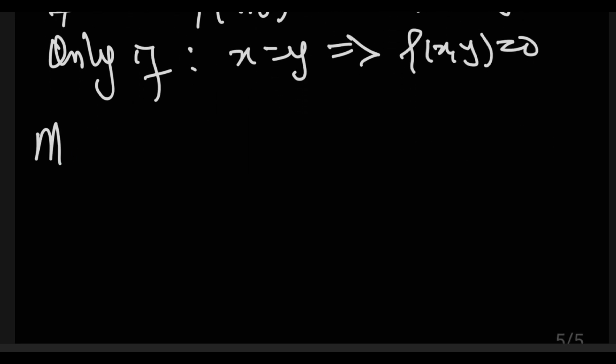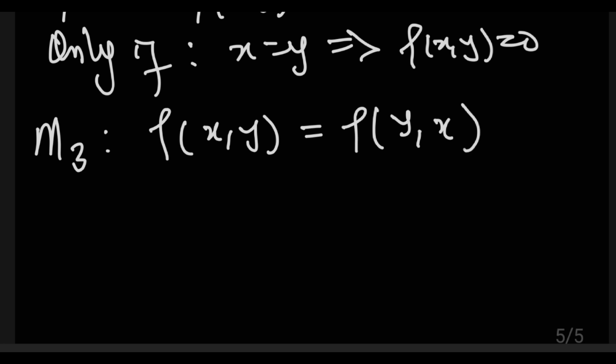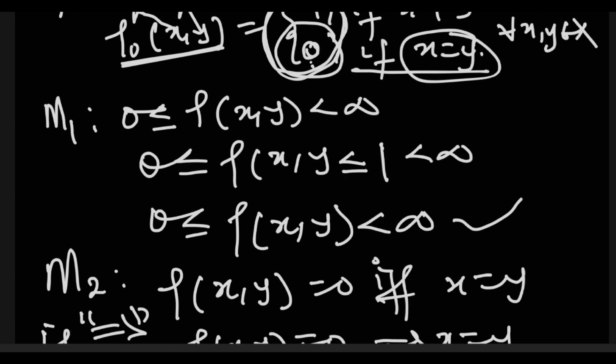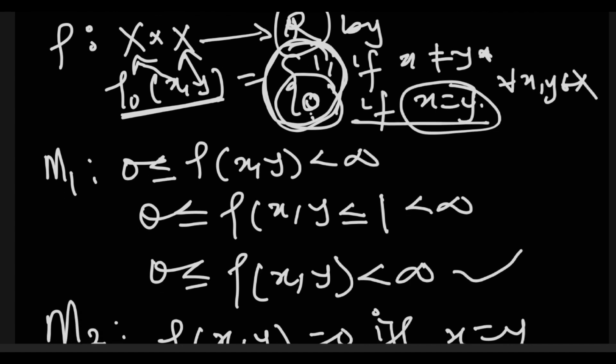Then we move to the third one, which says that the distance from x to y is equal to the distance from y to x. Let's check this.